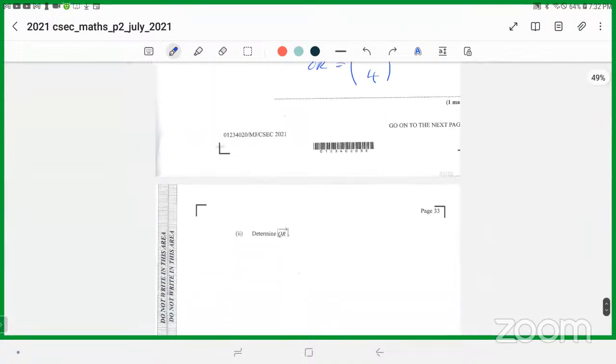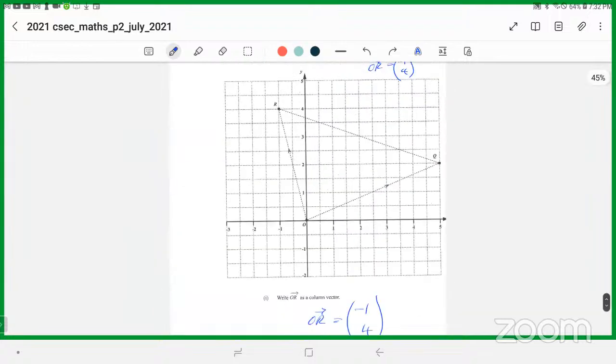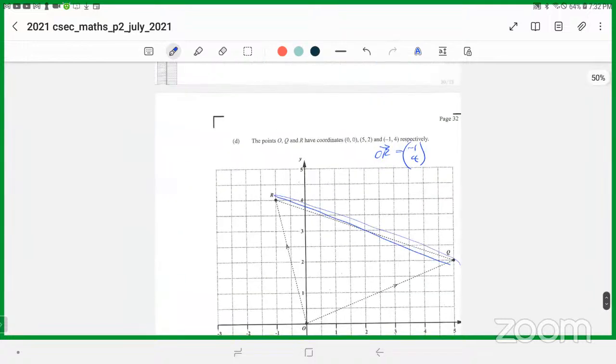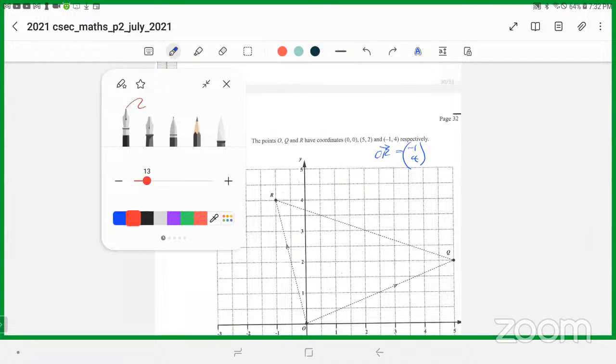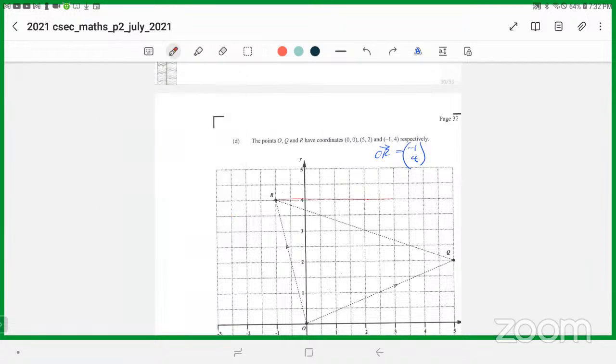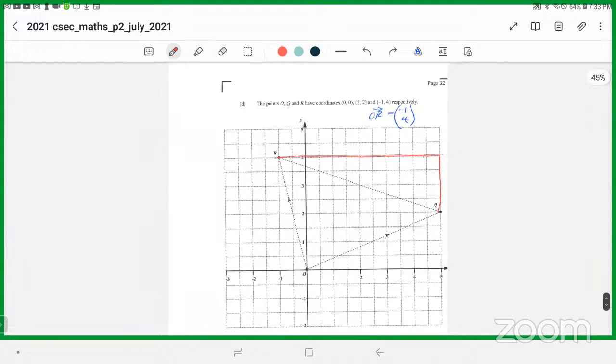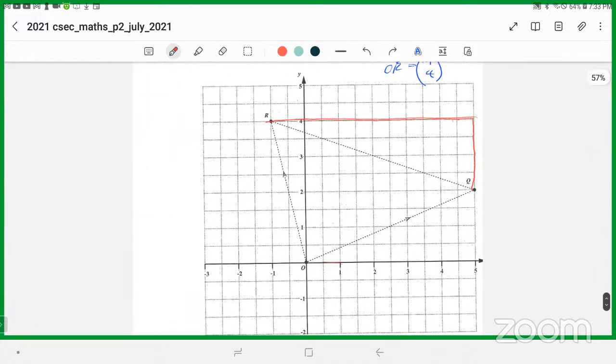So the diagram is there now. So this question becomes very easy. Let's look at it. QR is this line. The modulus of it is the length of it. So if I know how many units across and how many units down, I basically have a right-angled triangle and I'm trying to find the length of the hypotenuse. Let's look at the scale first. Every other line is 1 horizontally.